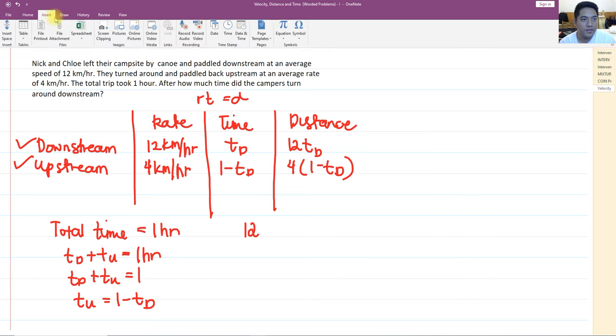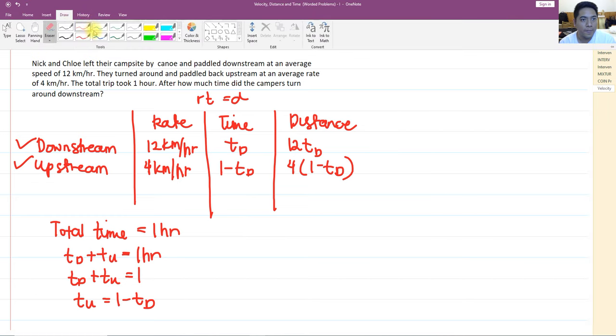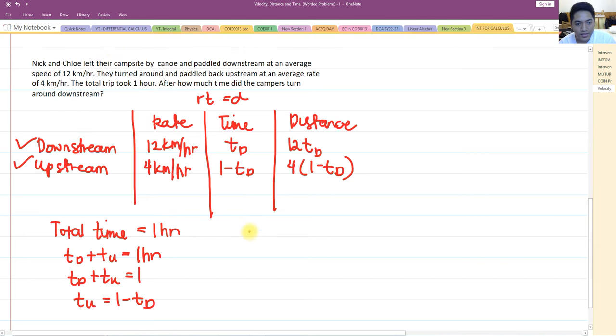In other words, what I'm trying to say is that the distance traveled downstream is the same as the distance traveled upstream because they just return back to their original position.